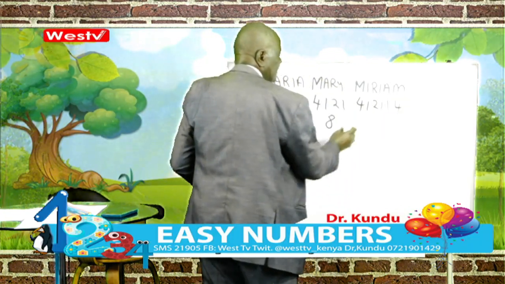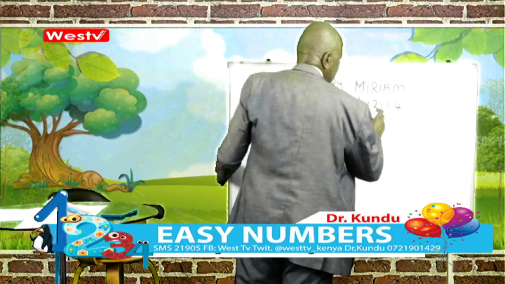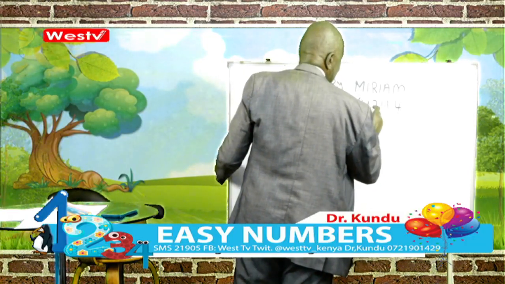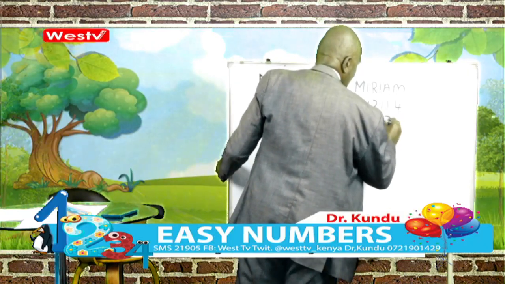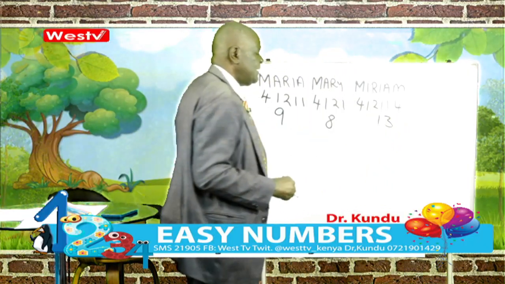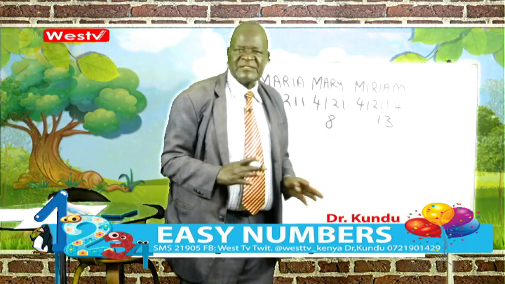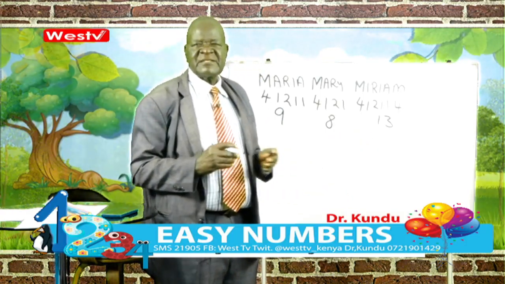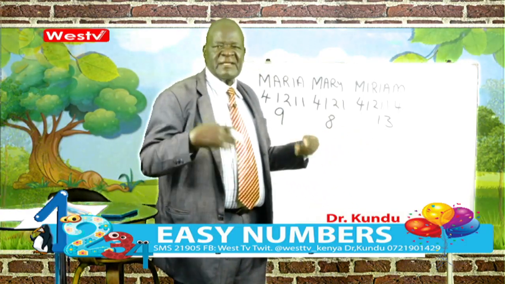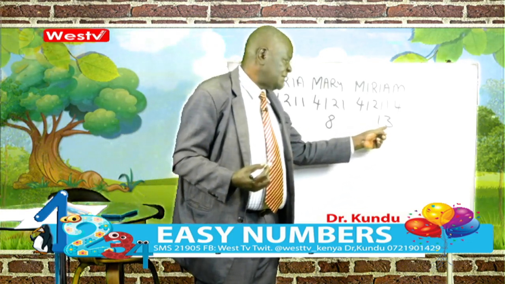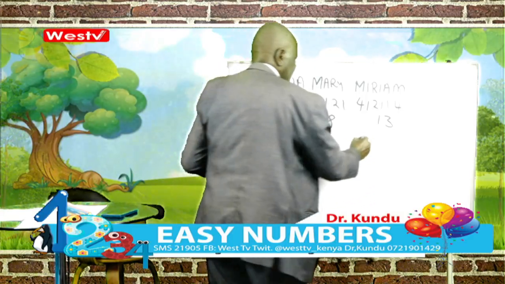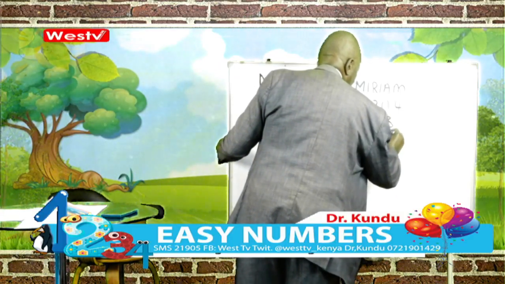And when you add this, it's 5, 7, 8, 9, 13. And when there are two numerals, it is called a compound number. It's compound 13, and reduce it to a single number by adding the digits 1 plus 3. So it is single number 4.